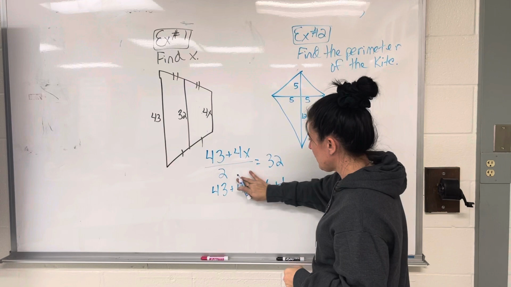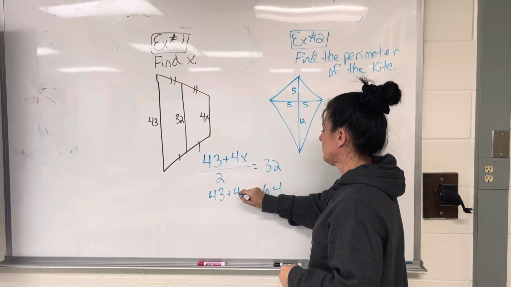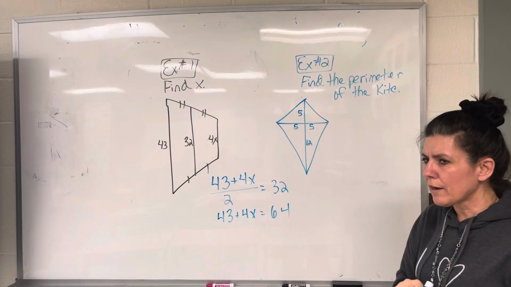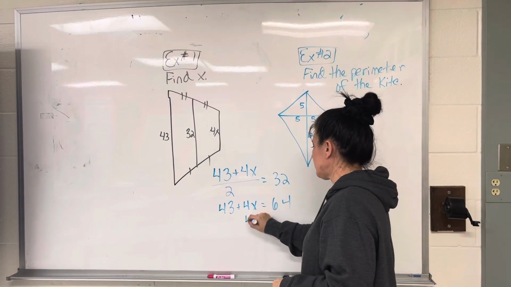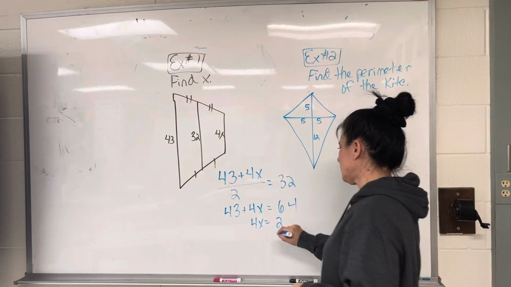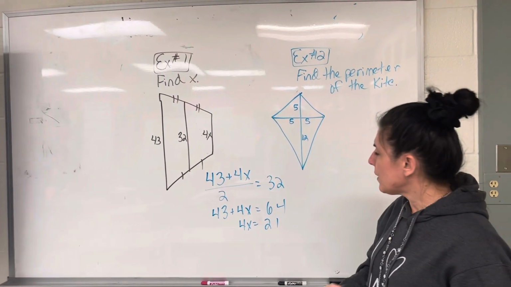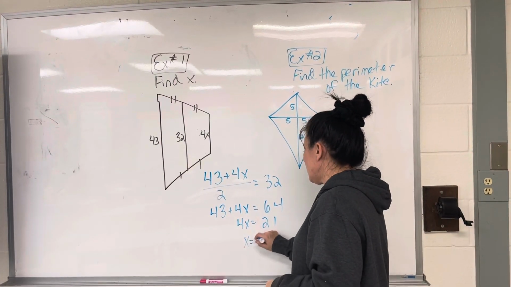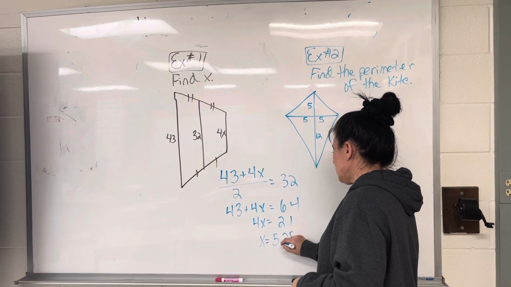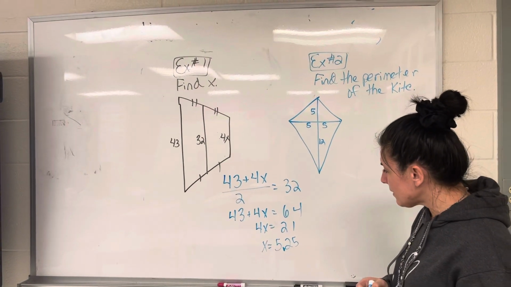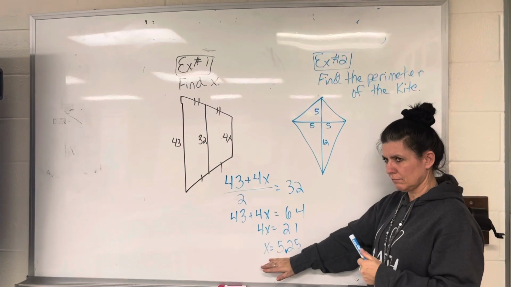Oh, 43, I meant 4x. Let's subtract 43 from both sides. And then when I divide by 4, I get 5.25. And I was asked to find x, and I found x.